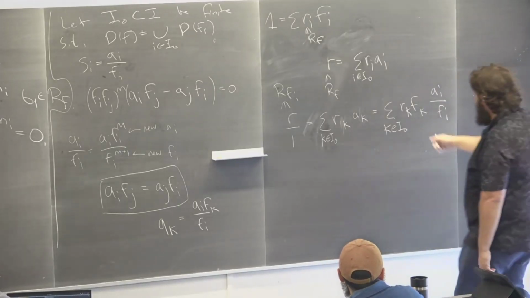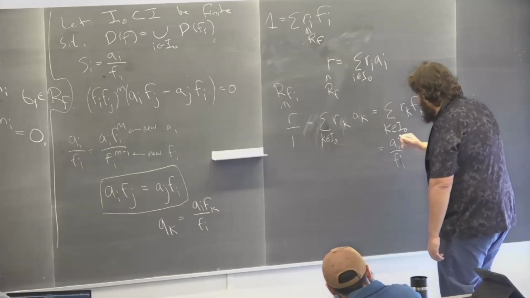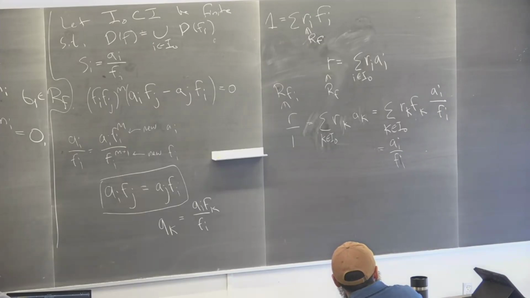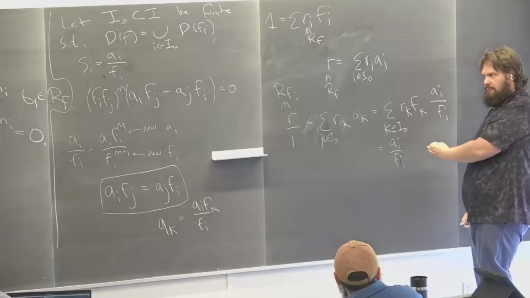Okay, great. And this sum is 1. So this is just Ai over Fi. So this means that R is my desired element that glues all of these sections together.